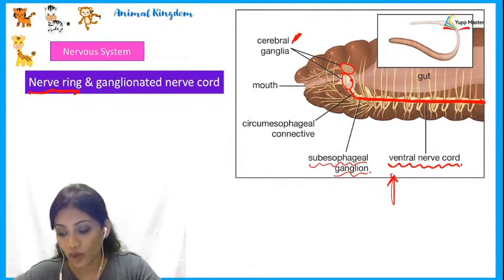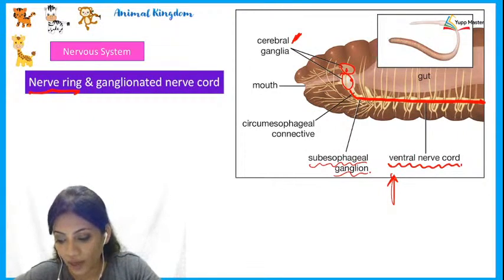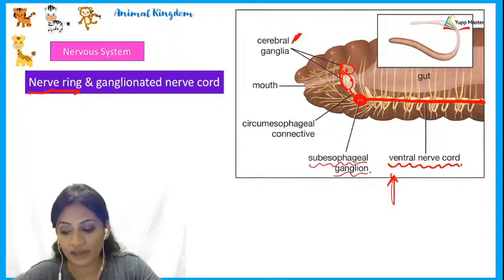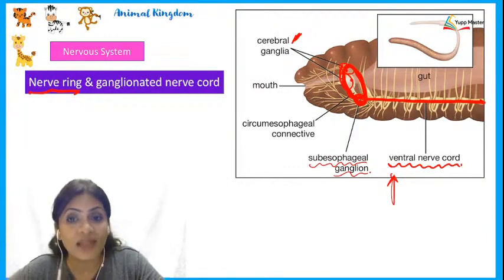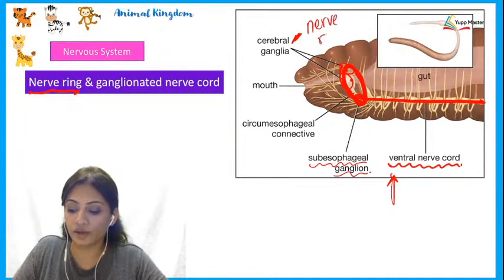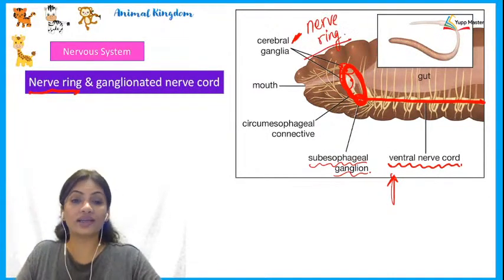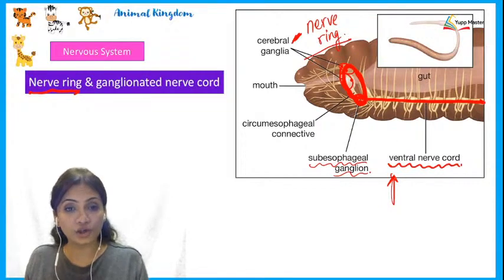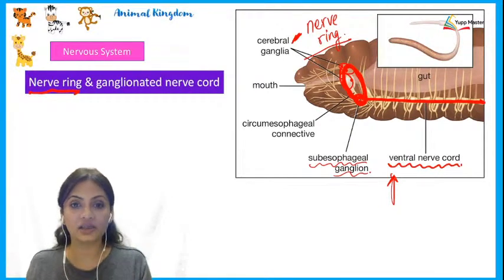Can you see how a ring is formed with the cerebral ganglia, the subesophageal ganglia and the connectives here? This whole structure forms a ring, and this ring is called the nerve ring. So there is a nerve ring, and there is also a ganglionated nerve cord.